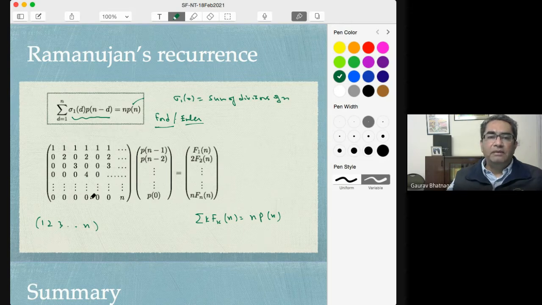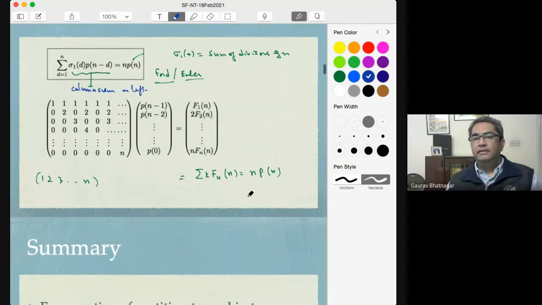So it's a column sum kind of thing. If you just sum the columns, you will get this part, from the column sum on the left. Then you sum over all the columns and you get this result.